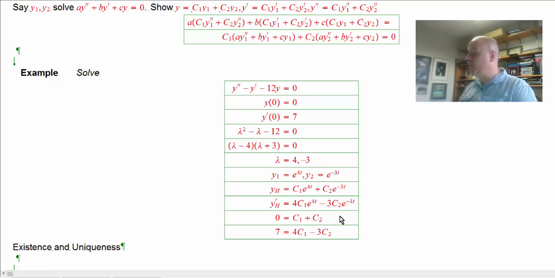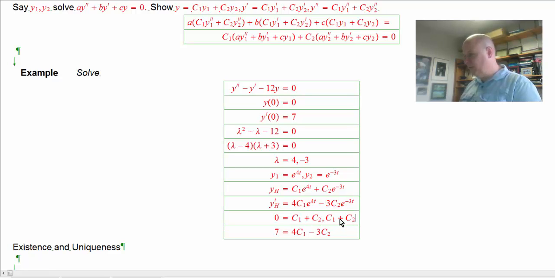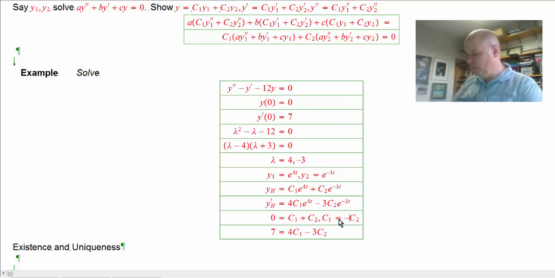I can solve this by substitution or elimination. Let's solve this by substitution. So if C1 plus C2 is equal to 0, I can say that C1 is equal to minus C2.